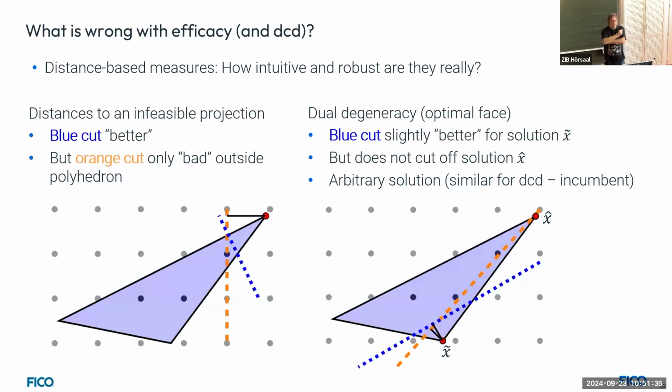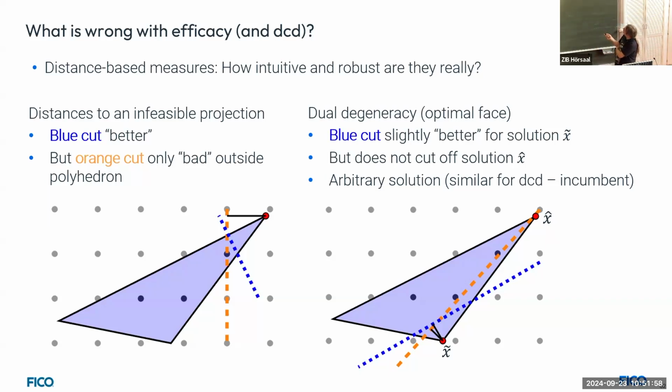There are some arguments why intuition might not always apply for these kinds of measures. So, two counterexamples where you can eyeball that the rules might not select the most preferable cut here.